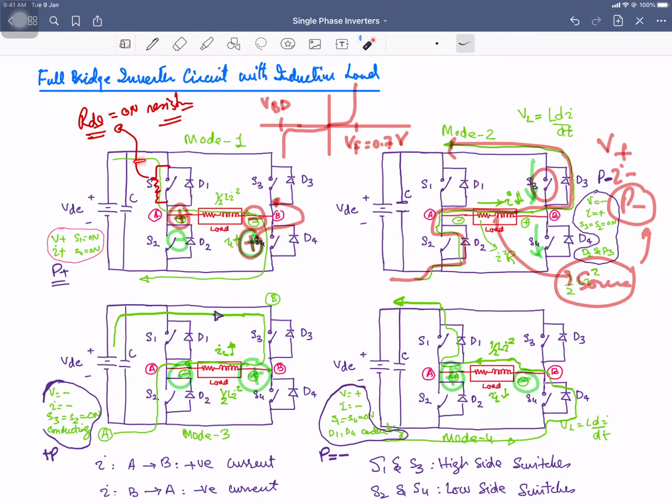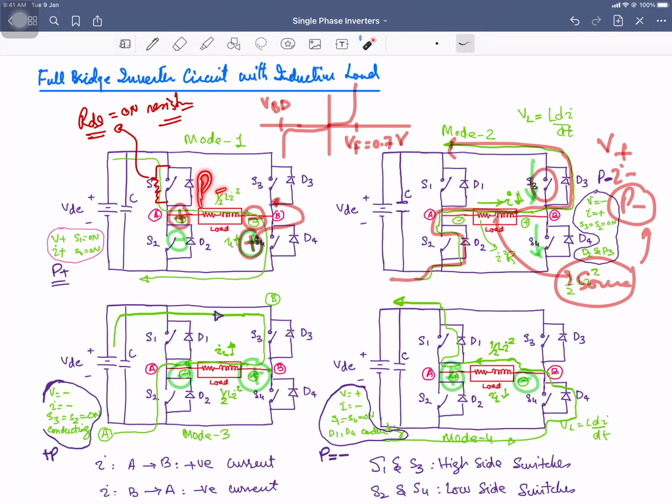So its shape is like the H. This is your load, and these are your switches S3, S4, S1, and S2. So it is also commonly called the H bridge circuit, right.